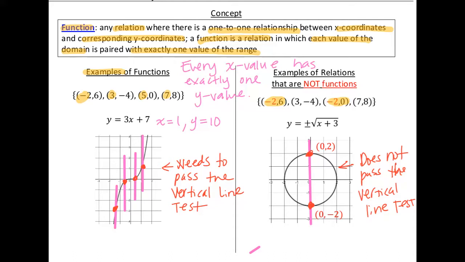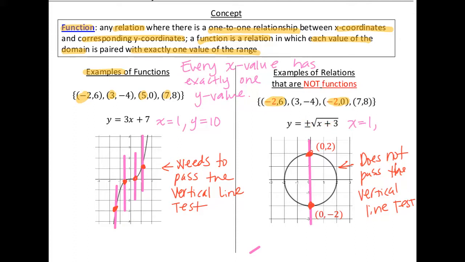For the equation, if I were to plug in x of 1, oops, that was on the pen. If I plug in x equals 1 into my equation, 1 plus 3 gives you 4, and then what's the square root of 4? 2, but then I have this plus or minus in the front.